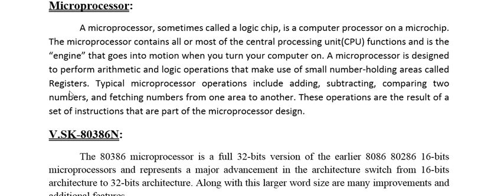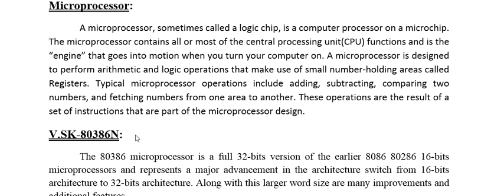Whenever we perform any arithmetic or logic function in the microprocessor, whether in the form of logic operations or arithmetic operations, the result is stored in the registers. Typical microprocessor operations include adding, subtracting, comparing two numbers, and fetching numbers from one area to another area. These are the most basic functions of a microprocessor. These operations are a result of a set of instructions that are part of the microprocessor design. So basically these instructions are fed into the microprocessor design.